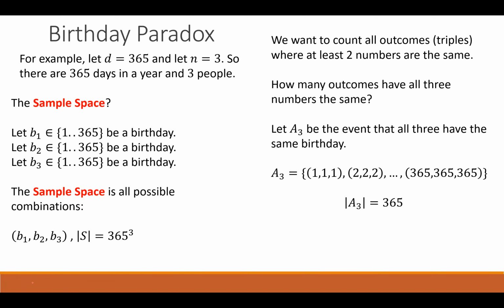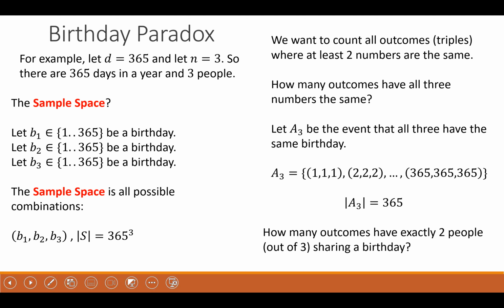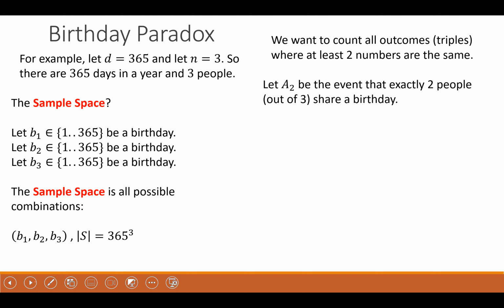So now I want to count all of the possible outcomes of my sample space where exactly two people have the same birthday. Okay, so exactly two, not at least two. So again, I'm going to use the product rule. So I'm going to come up with a sequence of tasks to count the number of ways that I can do this. So I need two things. I need a number that two people are going to share, and I need to figure out which two people share that number, right?